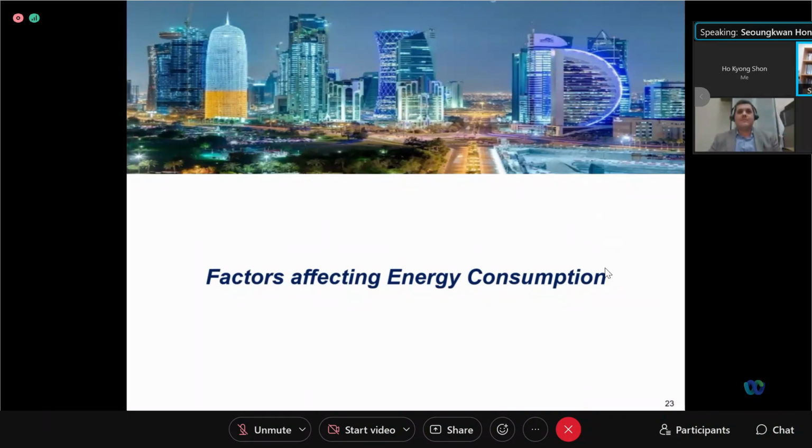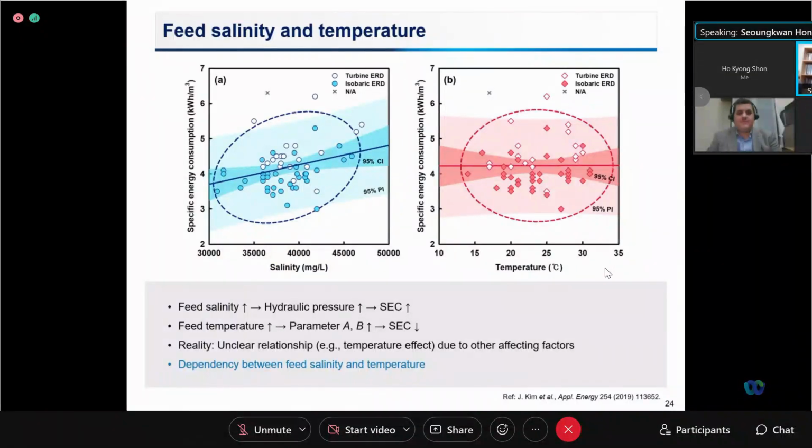Now I'm going to talk about critical factors affecting energy consumption from real-scale plant data analysis. Feed salinity and temperature.